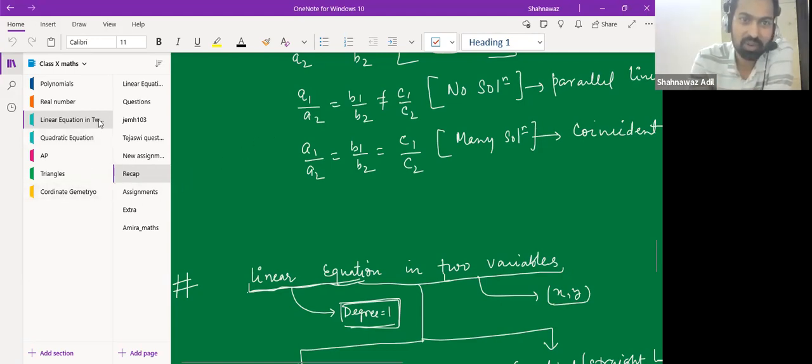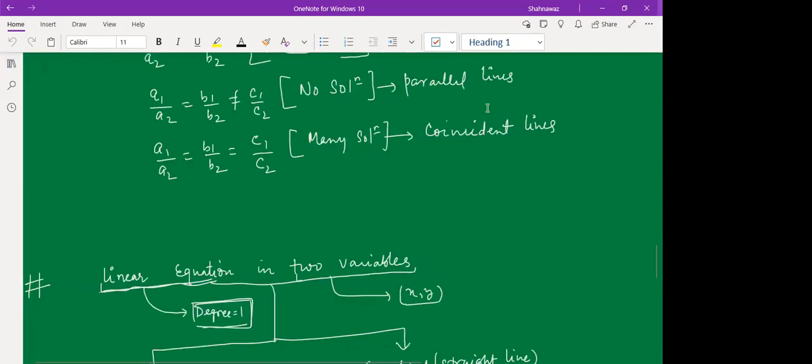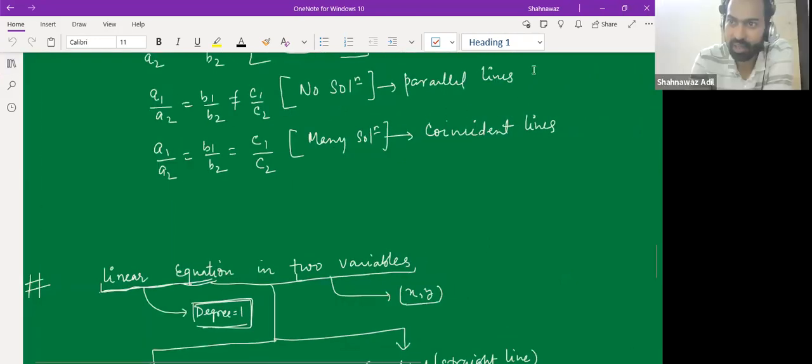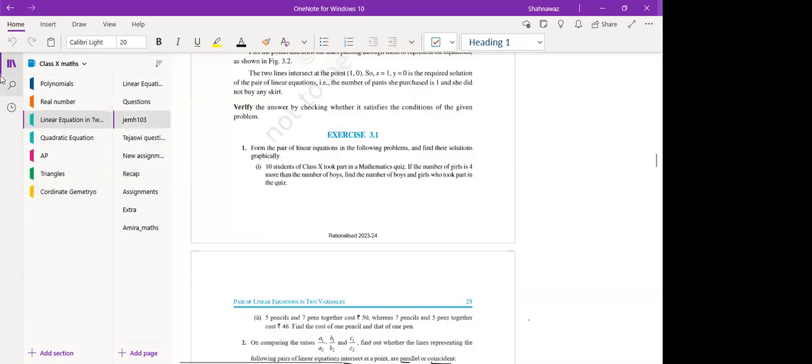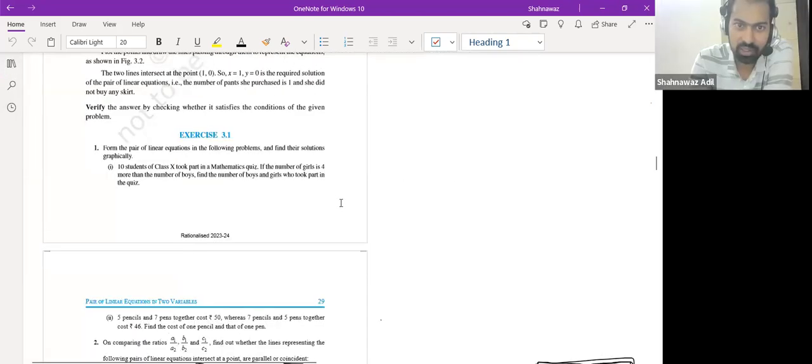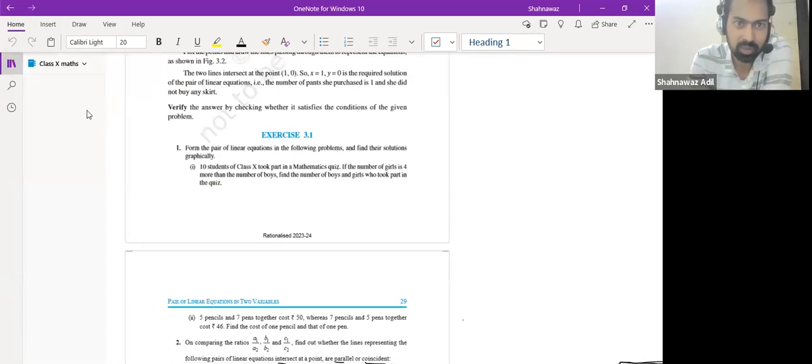Okay, so we were doing this linear equation, right? You just started the chapter. Yeah, so I started the chapter also. So let us, Introduction. So this part we already did, right? Mathematical representation and the graphical representation we already talked about.